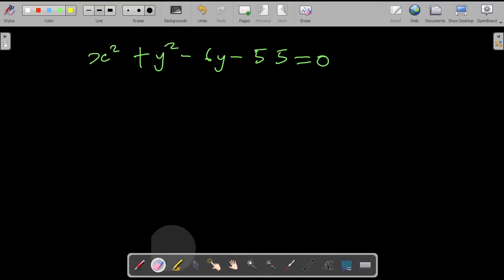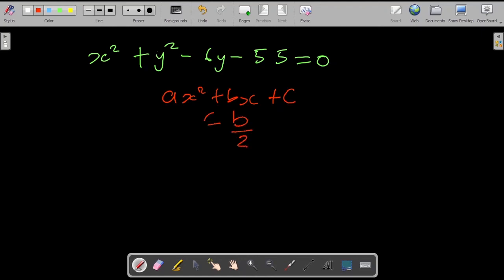But now, since in the quadratic form we usually say that we have ax squared plus bx plus c, using this, you basically take minus b over 2, then you square that. And in our case, we're dealing with y, which is this part.